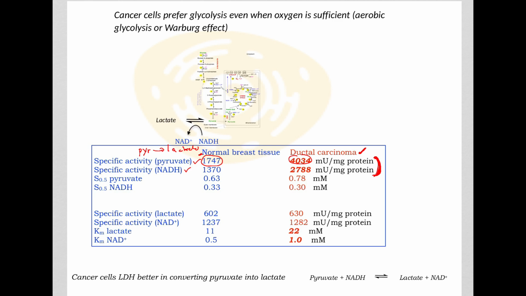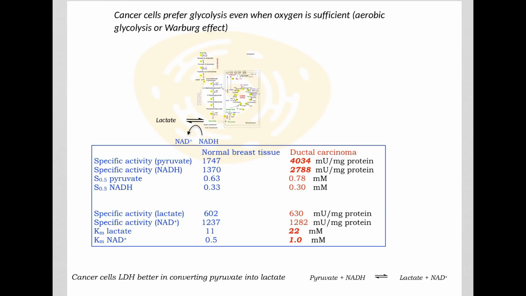When NADH was used as the substrate for lactate dehydrogenase, we are talking about 2,788 compared to 1,370. So cancer cells have a lot of active enzyme that converts pyruvate to lactate compared to normal cells in the breast tissue.